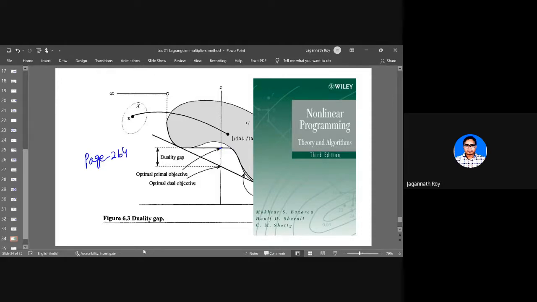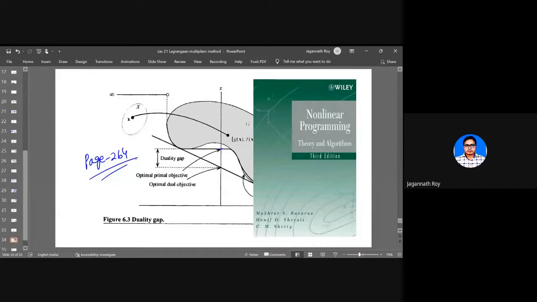So I'll add this soft copy to this folder, and you can access this textbook also.